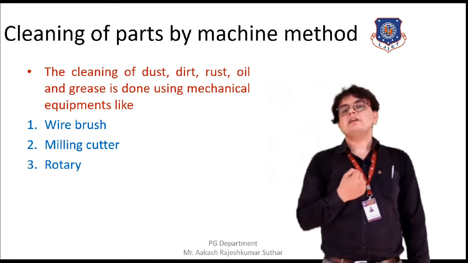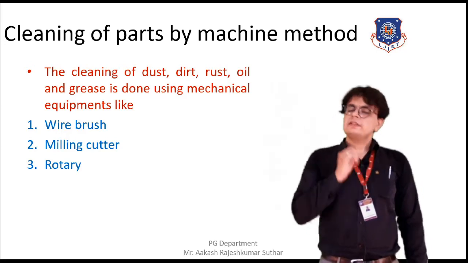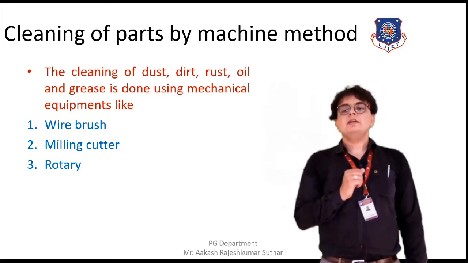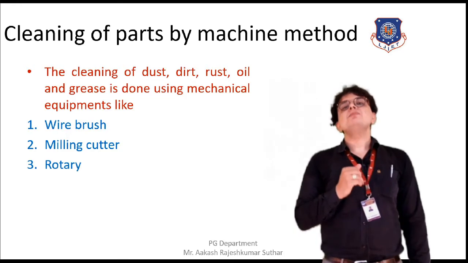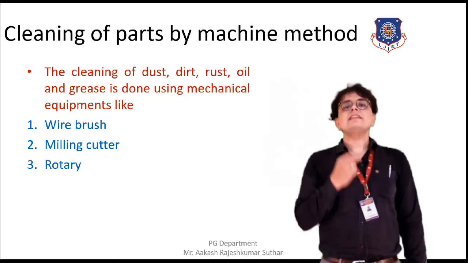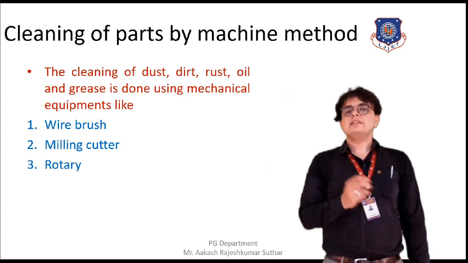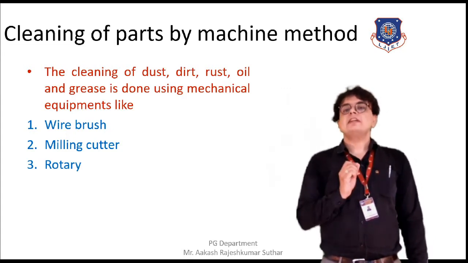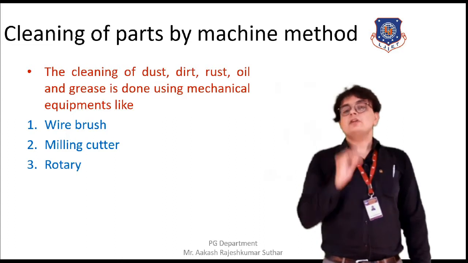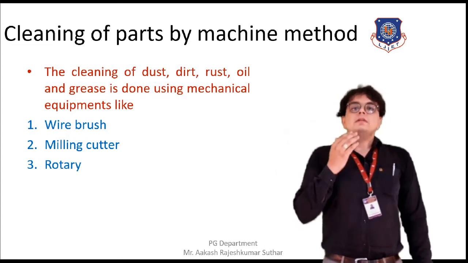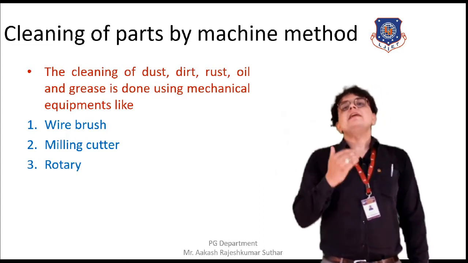Similarly, with the help of the rotary, we can remove the oil and grease layer found on the outer surface. As a result, a clean surface can be obtained, and the inspection and maintenance can be done easily.